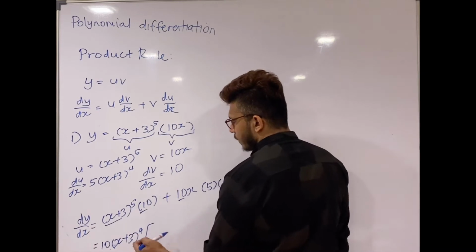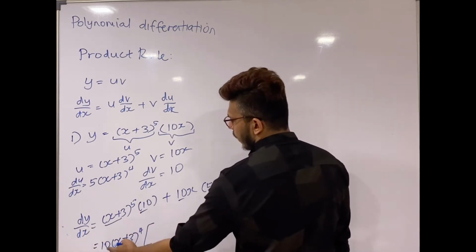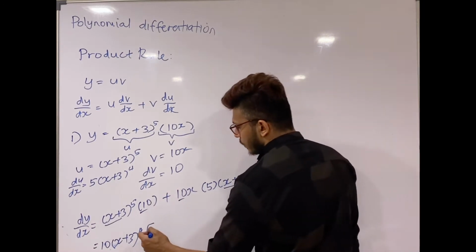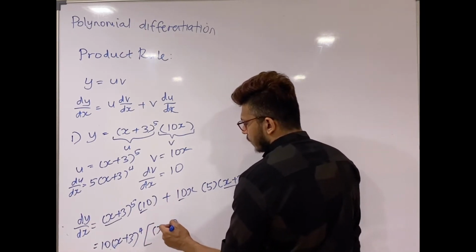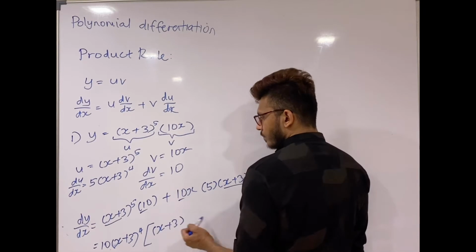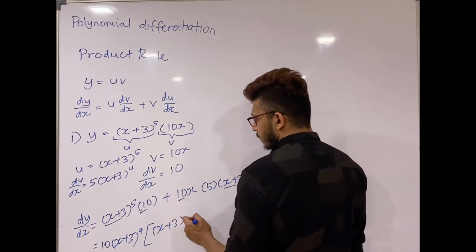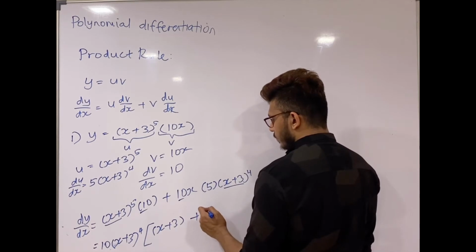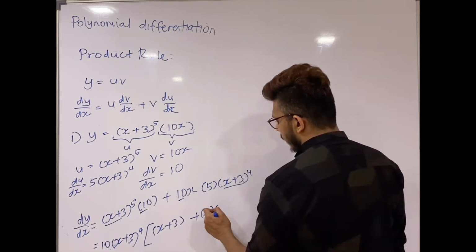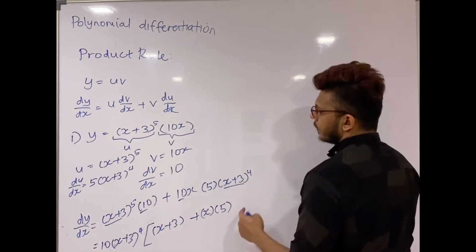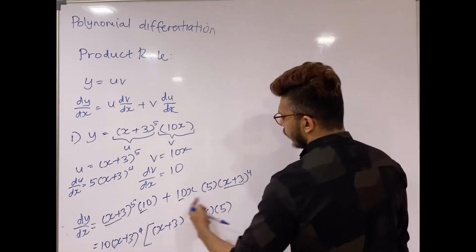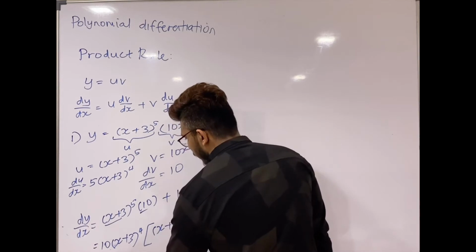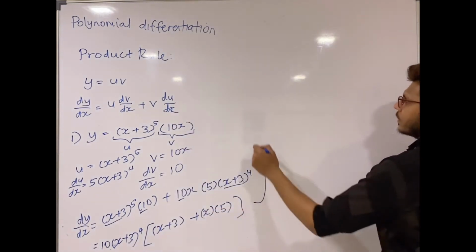Then your bracket. What is left here? 10 is already out. Power of 4 is out. 5 minus 4 is 1. So I'm just going to write x plus 3. Then plus, 10 is out. What is left? You have x, and you have 5. And that's it, because (x + 3) to the power of 4 is already outside. So you can see how I can further simplify this.